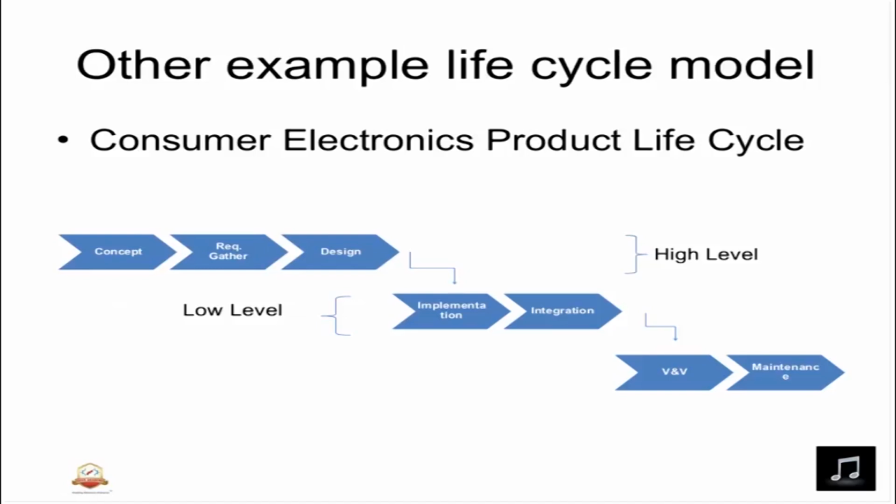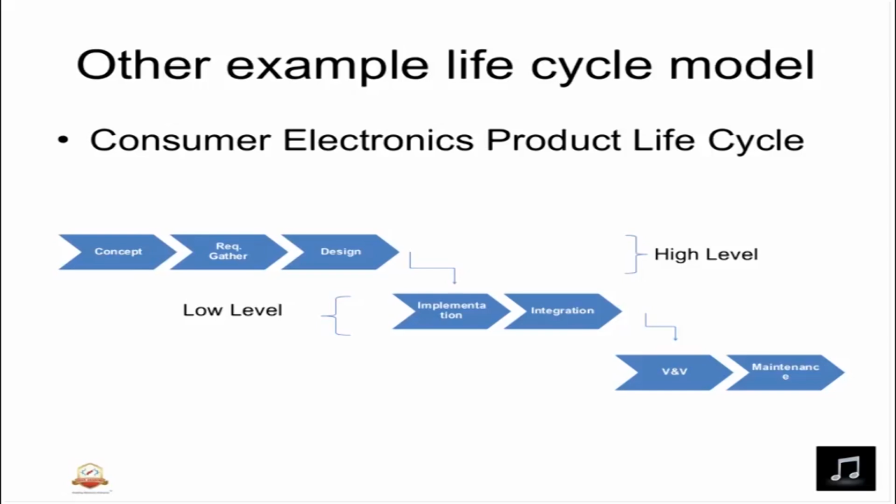Once this is done, they will directly go with the V&V, that is validation and verification. They will take all these inputs right from the high level to the low level, and do the V&V. Once the V&V is complete, the product is bug fixed, working, and deployable. Then they go for maintenance.